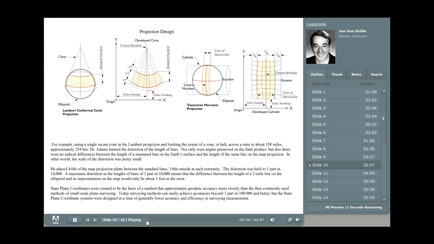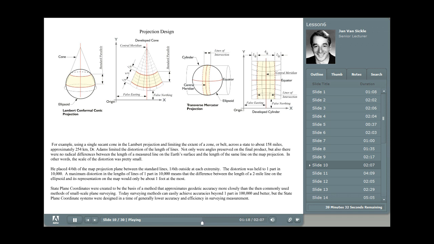This was to limit the distortion of the lines so that not only were the angles preserved, but there weren't any radical differences in length between a measured line on the Earth and one on the map or in the coordinate system. By not radical, to keep them within 1 part in 10,000, which was pretty good for the surveying technology of the day. He placed 4/6 of the map projection between the standard lines and 1/6 on each side outside at each extremity, as you see in the image here.